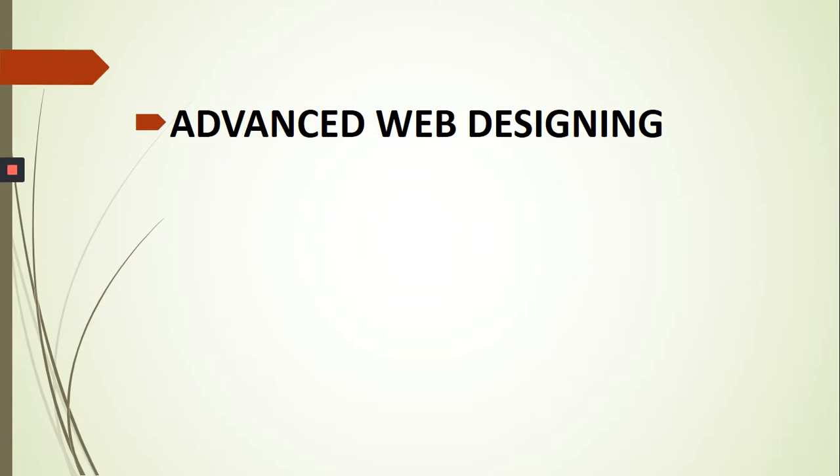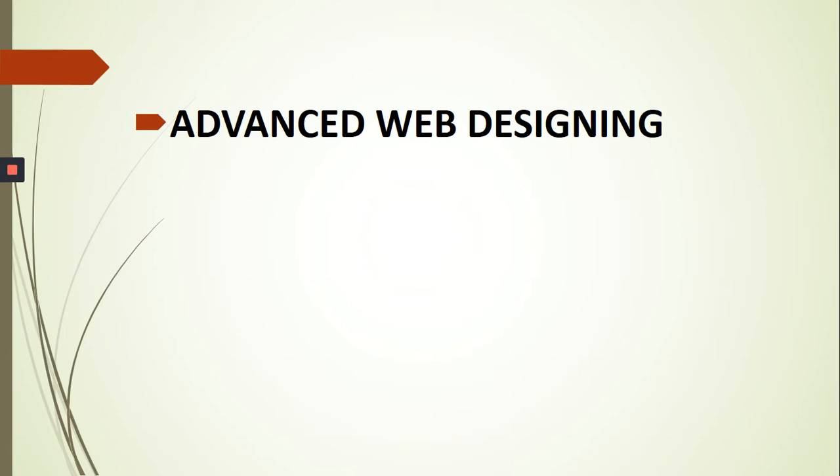Hello all. In the previous class, we learned how to add multiple windows in our web pages. That is, instead of displaying a single web content in one web browser, we can create multiple rectangular windows known as inline frames. And to each of these inline frames, we can load a different web page or web document, right?